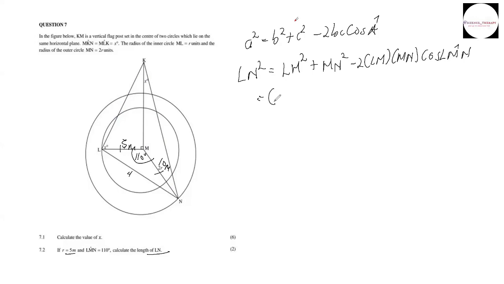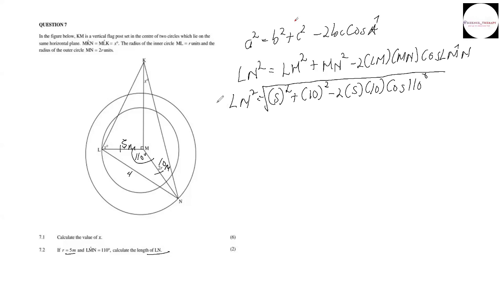Our LM is 5, so that's 5 squared plus 10 squared minus 2 times 5 times 10, and then cos 110 degrees, right? So that's LN squared. Now, okay, let's just go ahead and punch all this into our calculator and just immediately put it into the square root so that we get our value for LN.